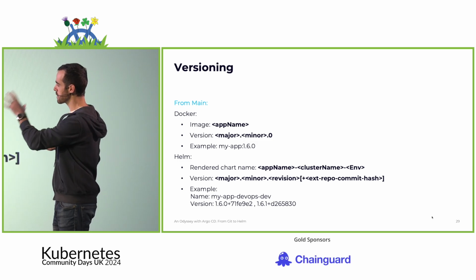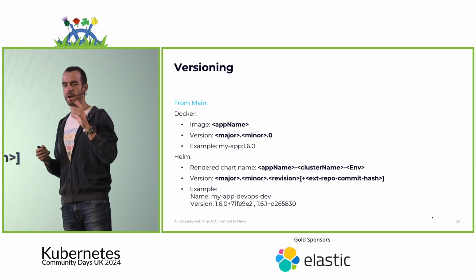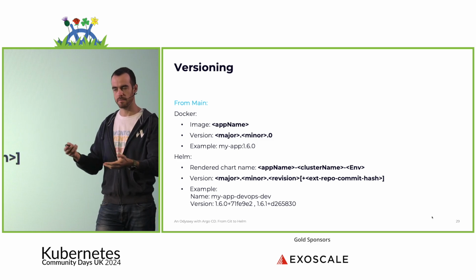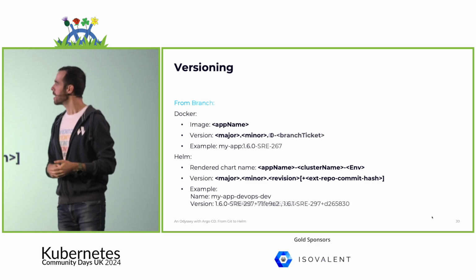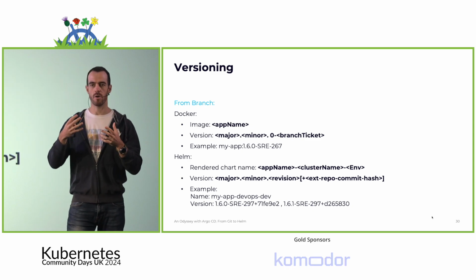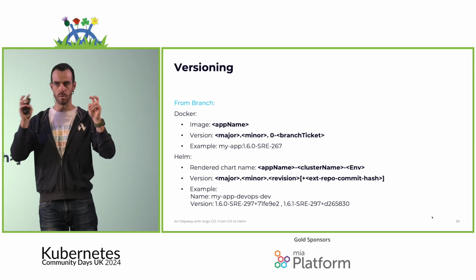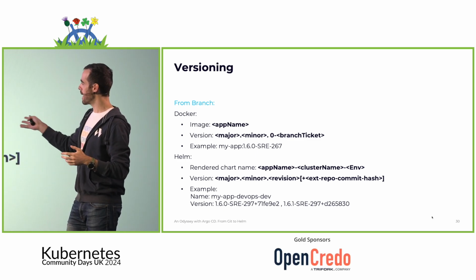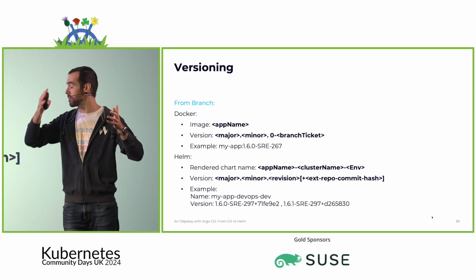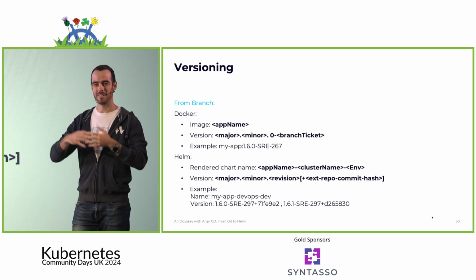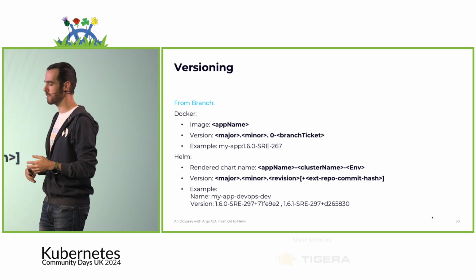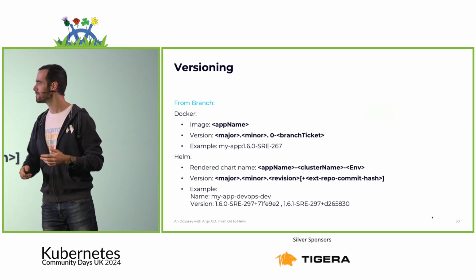Because thanks to this, we can track what happened and what was deployed at a certain point at any given cluster environment. Do you remember how we mentioned that introducing deployments from a branch was kind of a nightmare in the old approach? Now, it's as easy as appending the branch ticket string to both the Docker tag and the Helm chart version. And that's it. It works.